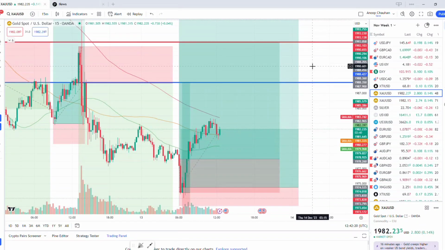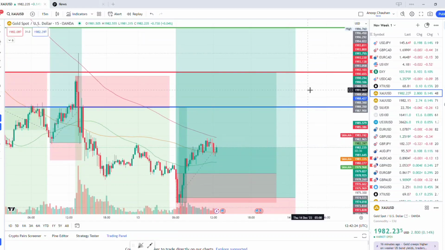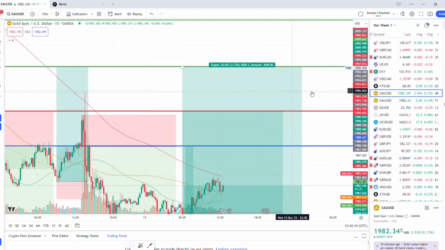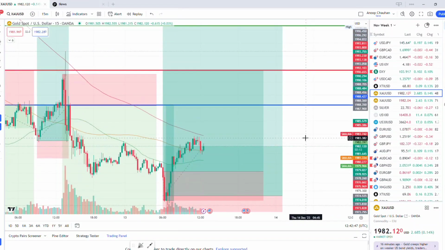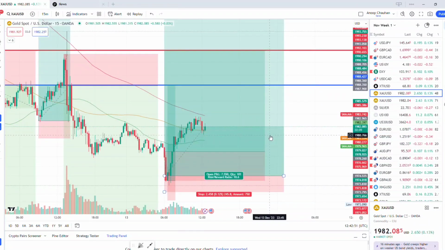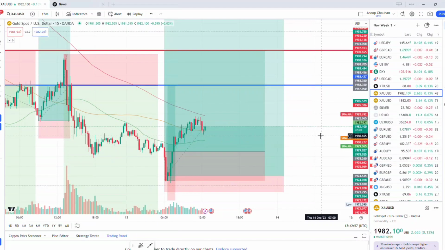The market can reach this during the FOMC numbers, and if the market sustains above this zone, then definitely it can test the area near 2000, 2003. So how can we plan our trades? That is what I'm saying: you have to hold your buying positions from this zone at break even, right?